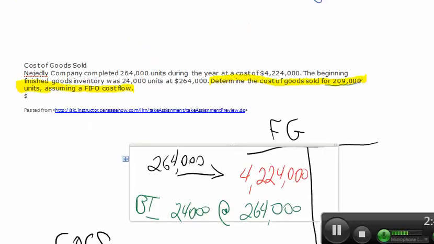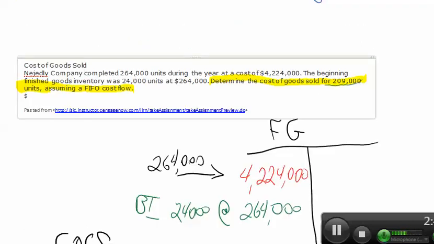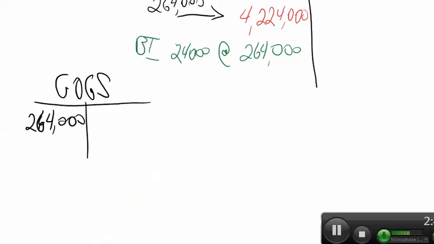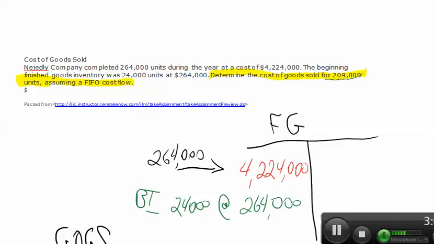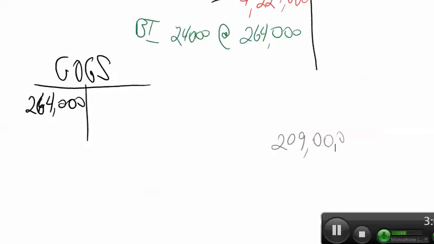In this color, the units that we sold were 209,000. So we sold 209,000 units. We know that we sold the beginning inventory, and the beginning inventory was 24,000. So I have 24,000 units that I sold during the period.